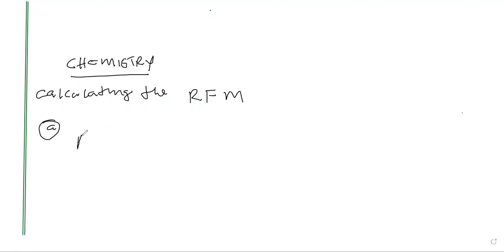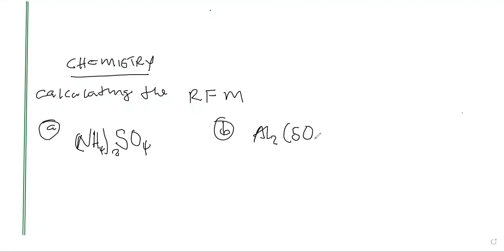Let's get N. Okay, we have ammonium sulfate. We have ammonium sulfate there. Then B, we have aluminium sulfate, like that.